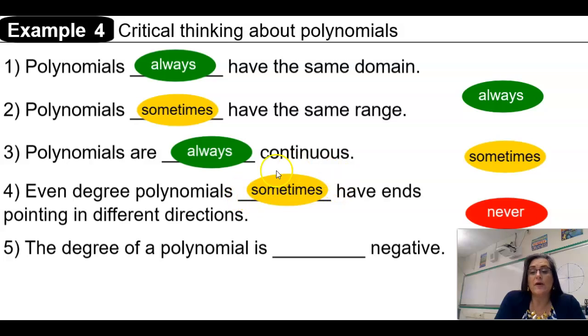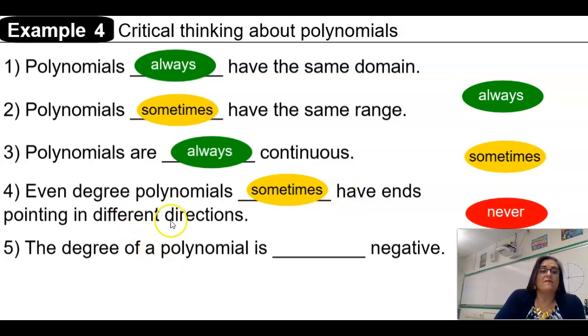But 0 is an even number, and when the polynomial is a degree 0, that's a constant function, and remember those graph a horizontal line. So the end behavior would be equaling a constant on the left and the right as opposed to both ends pointing up or both ends pointing down.